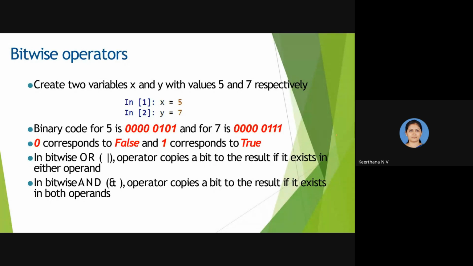Here, as an example, I have taken x equal to 5 and y equal to 7. The bitwise operators usually work in the 8-bit format. That's why first the 5 is converted into its binary bits and 7 is converted into its equivalent binary bits. After that, 0 corresponds to false and 1 corresponds to true.